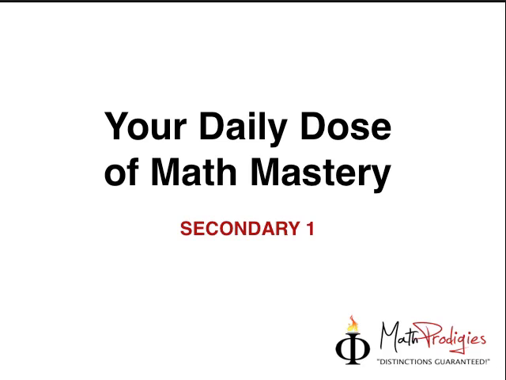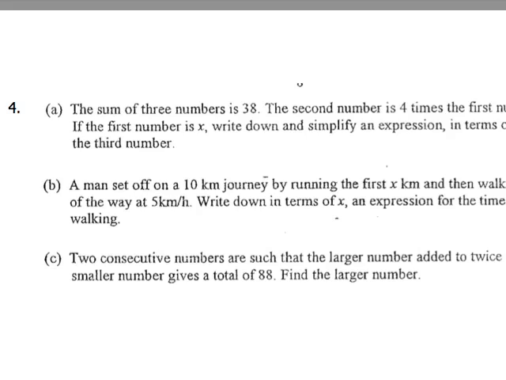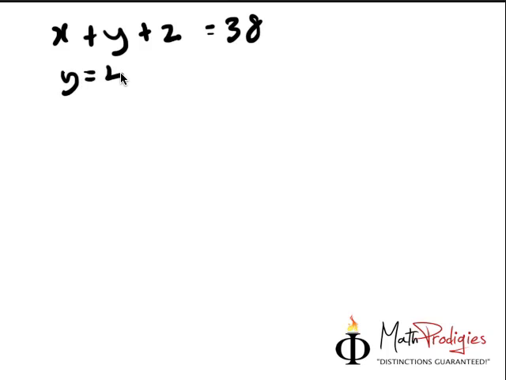Like I said just now, the sum of three numbers is 38. So in other words, I'm going to write down on my piece of paper x plus y plus z equals 38. And then they said that y equals 4 times x. If the first number is x, then y is 4x, and then they ask you to find z.